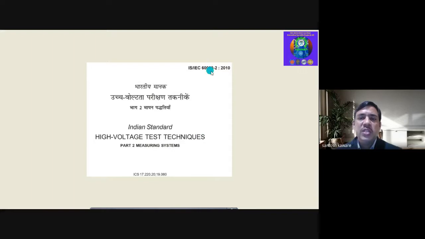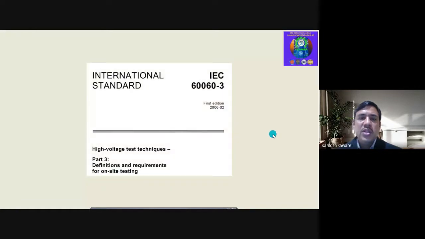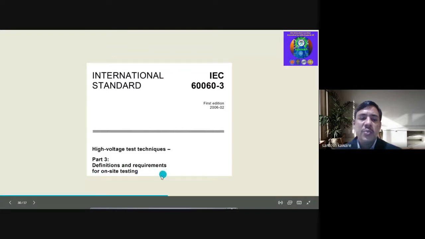So that is IEC or IS 60060-2 2010. So this is also upgraded in 2010. Then international standard IEC 60060-3 talks about the high voltage test techniques, definitions and requirements of on-site testing.